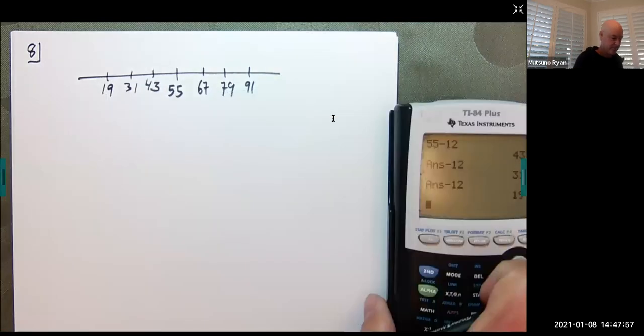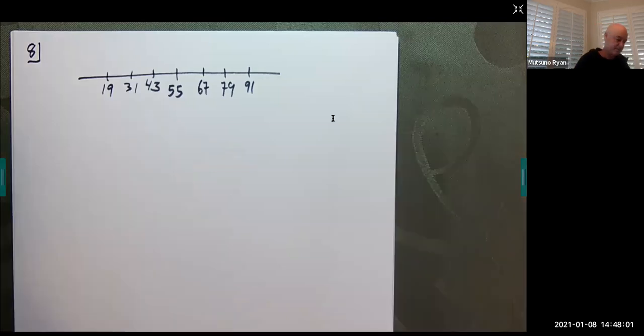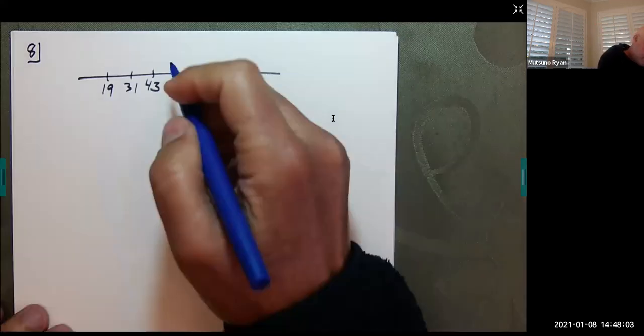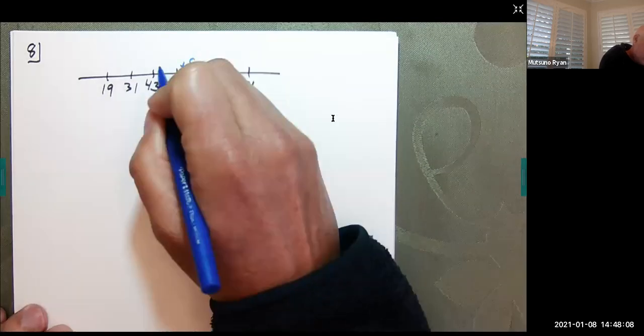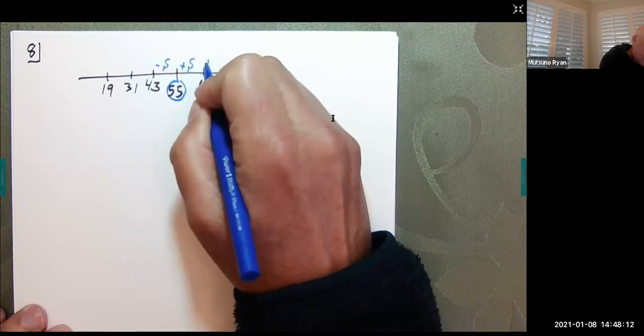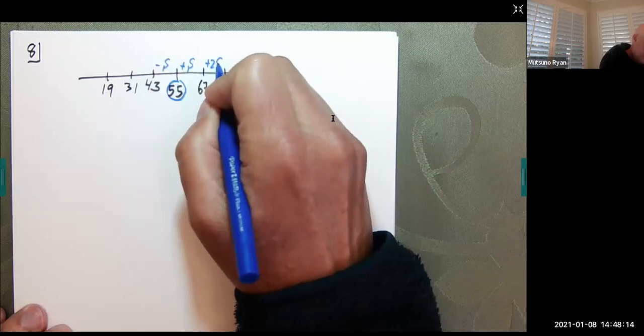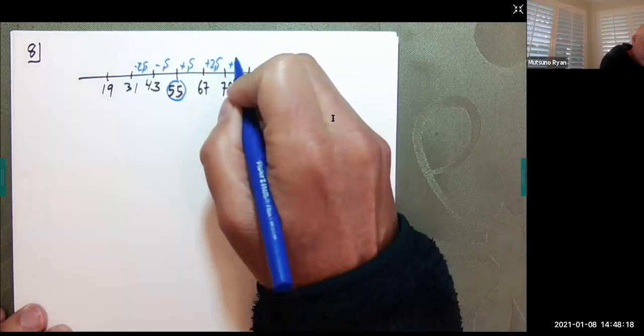And you can see from the mean, 55 in this case, we are going 1 standard deviation away, 2 standard deviations away, and 3 standard deviations away.